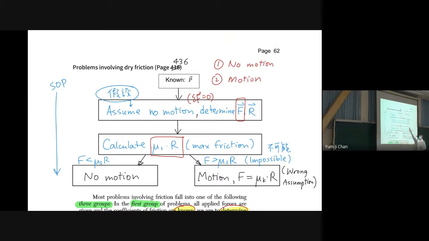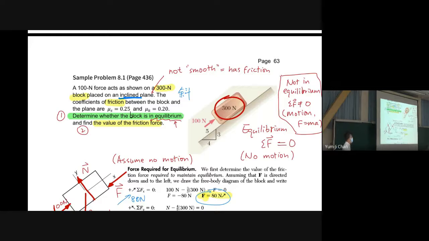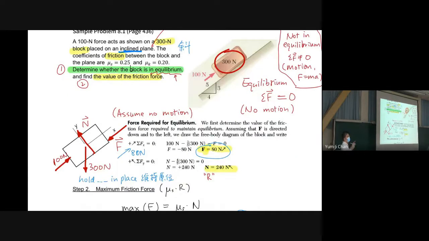In the problem, F is larger than mu s R, so we determine there is motion, and we calculate F is equal to mu k times R. This is what we are doing in sample problem 8.1.